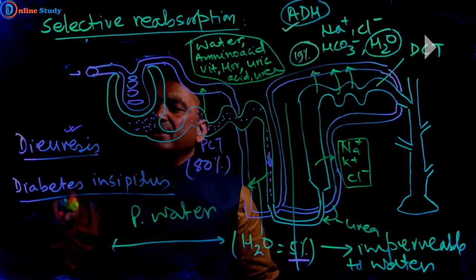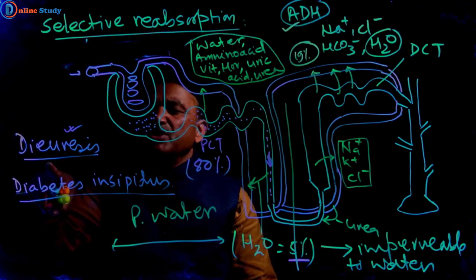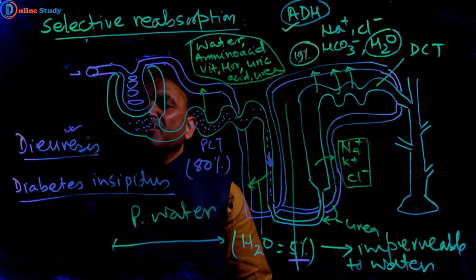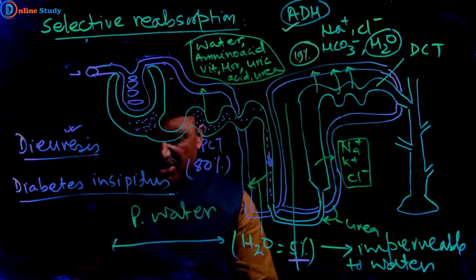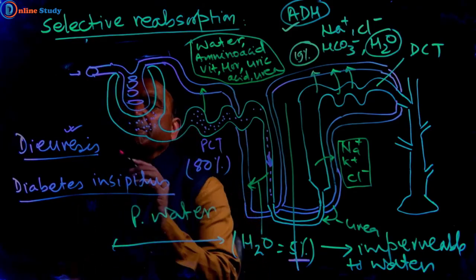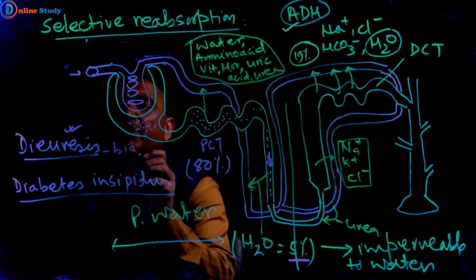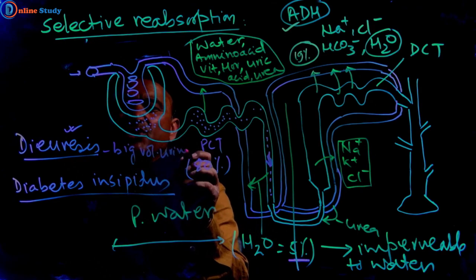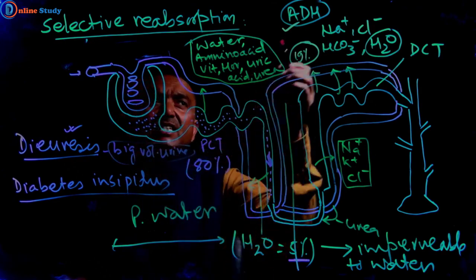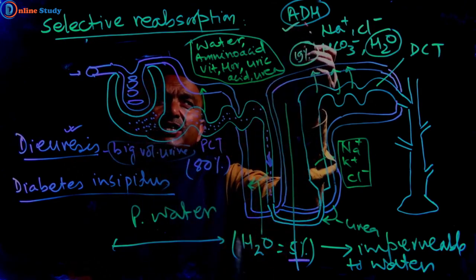What do you mean by the term diuresis? Diuresis means formation of a large amount of urine, or a big volume of urine. That is known as diuresis. Here it is written antidiuretic hormone.